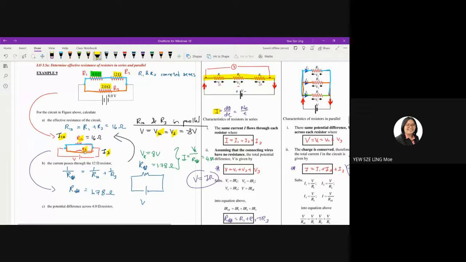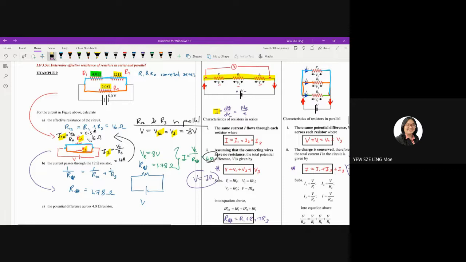I3 is equal to V3 divided by R3, which gives you 4 ampere. Whereas I12 is equal to V12 divided by R12, so you will obtain 0.5 ampere. Does it make sense? Yes, it does, because if you add up I3 and I12, you get I total equal to 4.5 ampere.